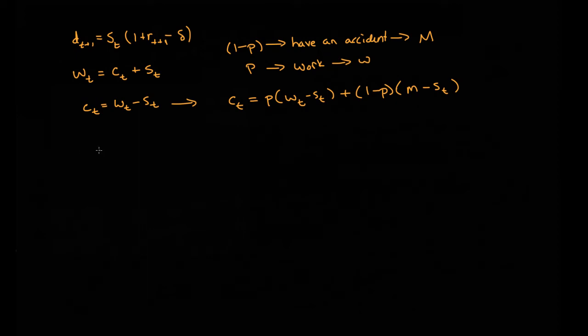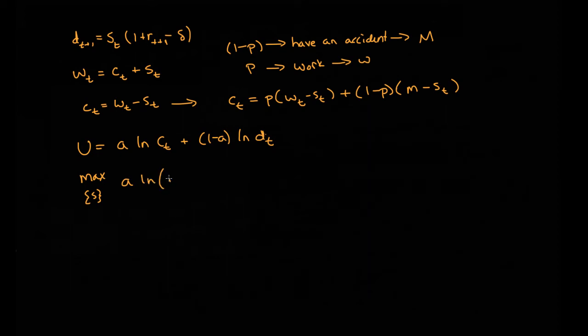So let's plug those into our utility. We know that utility is equal to A times the natural log of C t plus 1 minus A times the natural log of d t. And we only have one first order condition. We're going to maximize this with respect to savings, plugging in our two consumption equations.